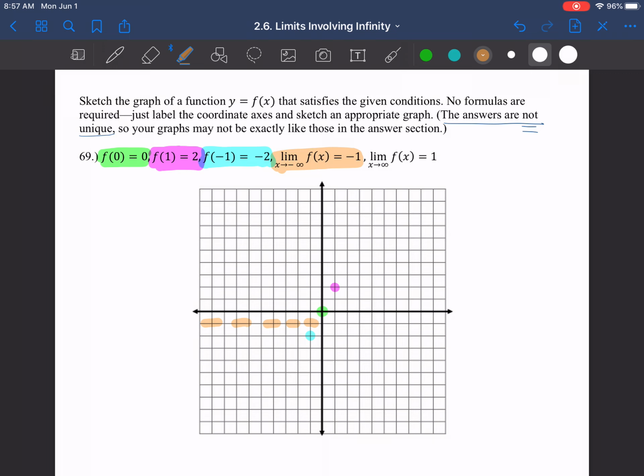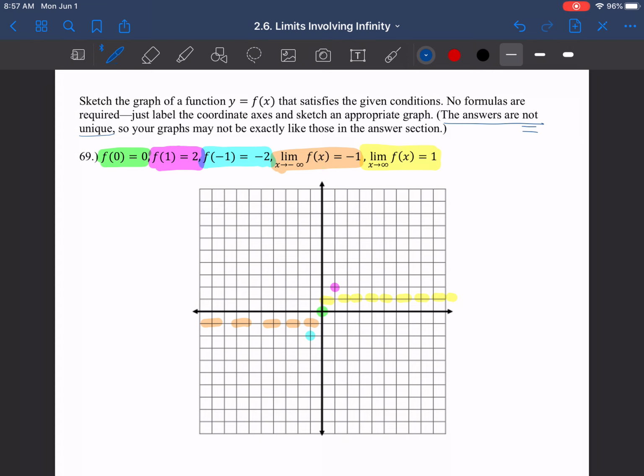Okay, that's the negative 1 line. And then finally, as x goes to infinity, the graph has to approach y equals 1, which is this horizontal line right here. Okay, so that's where we have to go.